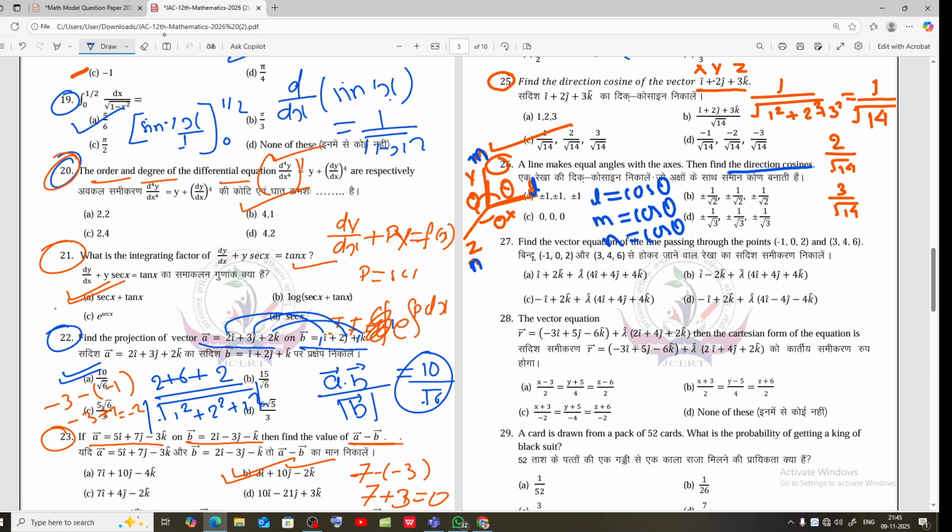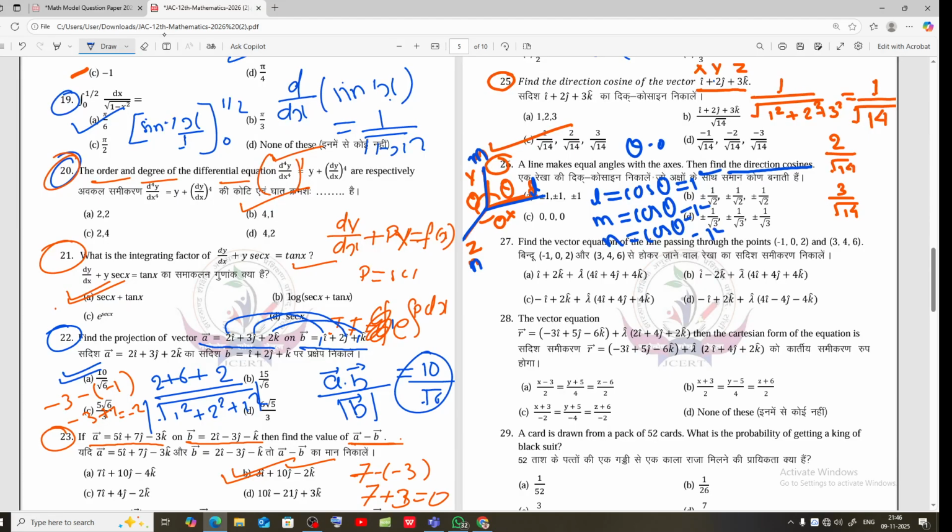Suppose theta equals 0 degrees, then L is 1, M is 1, N is also 1.